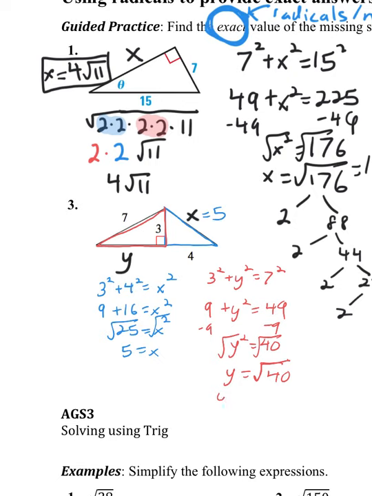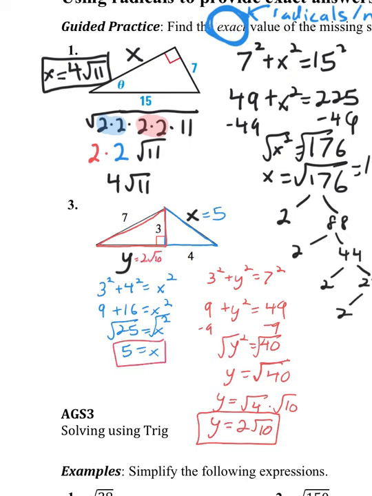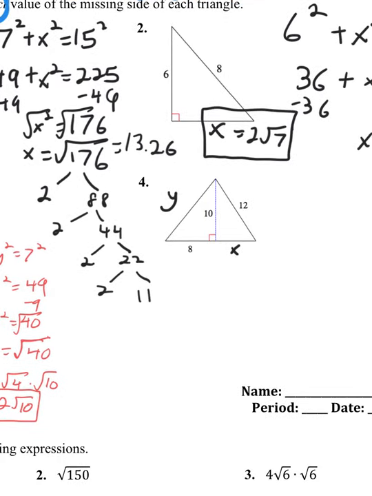And I should be able to see the square root of 40 breaks down to 4 times 10. This is one way I could do it. And the square root of 4 is 2. So I get 2 root 10. And that'd be my side length y. Alright, so I've got my x and my y for problem 3. Just break it down into 2 separate triangles, and you do Pythagorean theorem twice.